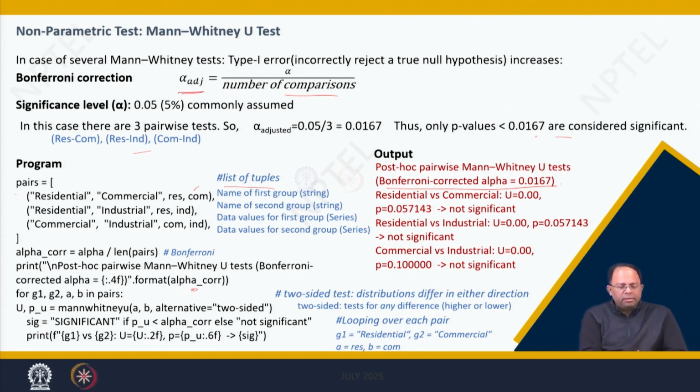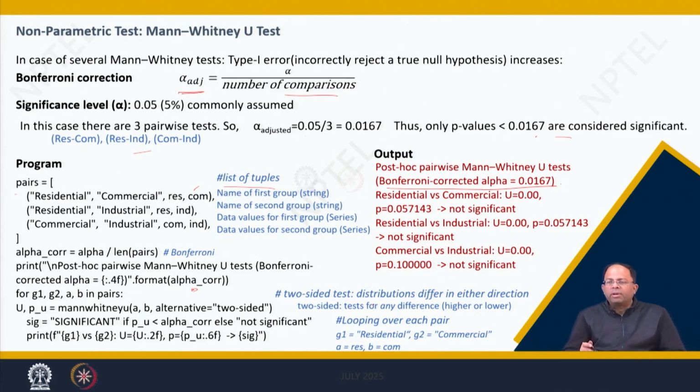And then for each G1, G2, A and B in pairs, because each of these is given in pairs, we are running the test. The Mann-Whitney test is being run and A and B are being passed over here, and it's a two-sided test.